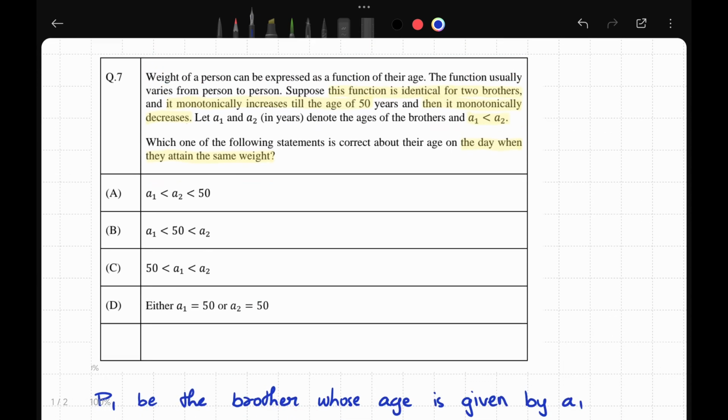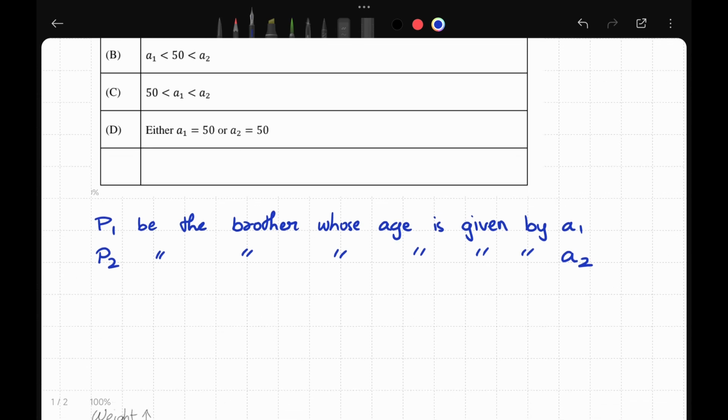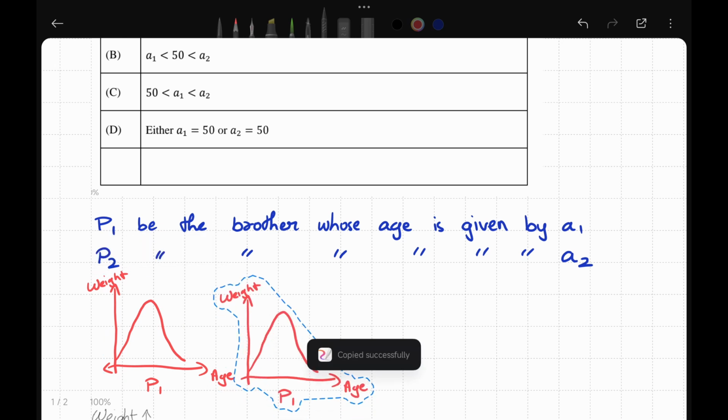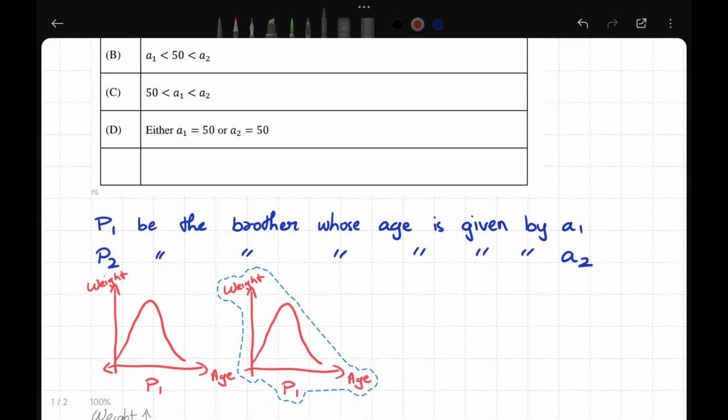Now firstly they've said the function is identical for both the brothers. What that means basically is, say if this is weight versus age for P1 and say it's something like this, the plot will be the same basically, or similar.